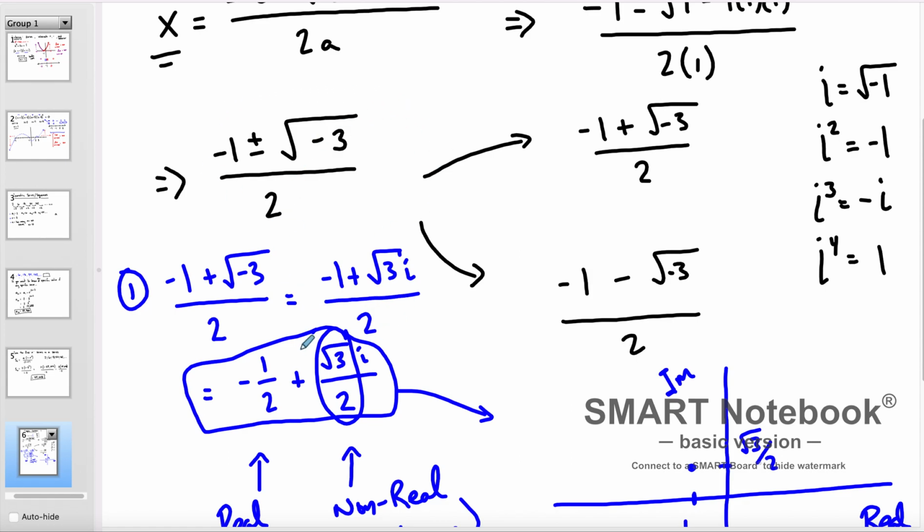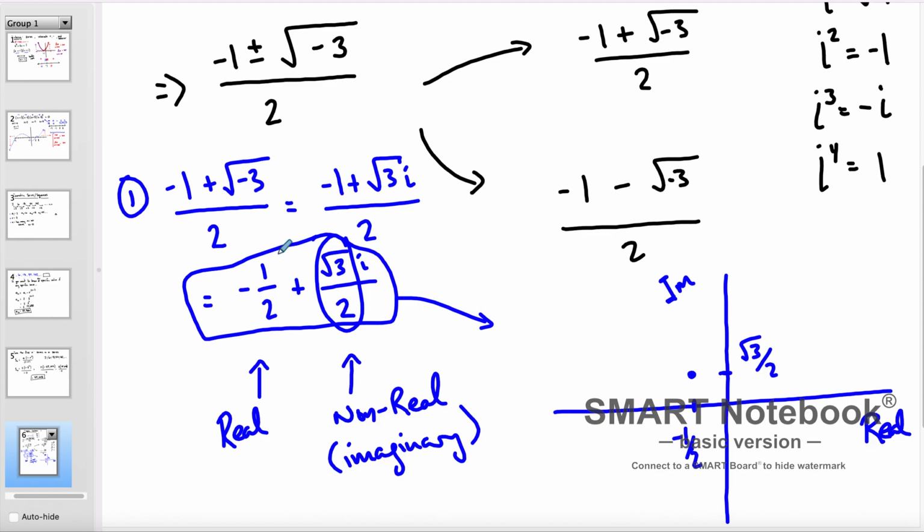And our answer should always be in two parts, a real part and an imaginary part. That's achievable by splitting the numerator into two parts. If the numerator is a sum and there's one number in the denominator, we can split that into the sum of two fractions, okay?